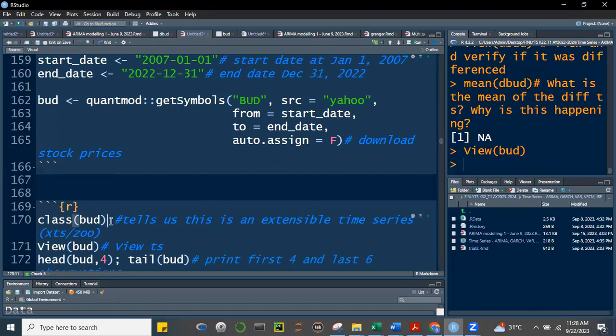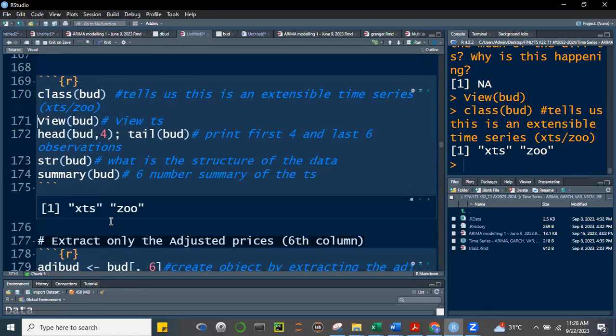Then we said that in this case, BUD is an XTS object. If you watched the video class that I asked you to watch, you'll notice that I did not discuss XTS or zoo objects. It's a different class. It's not the same as a data frame. It has a special quality.